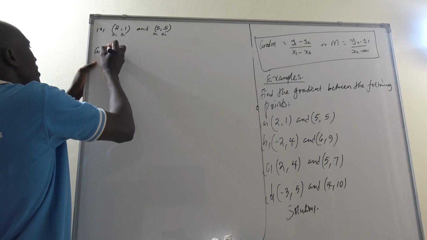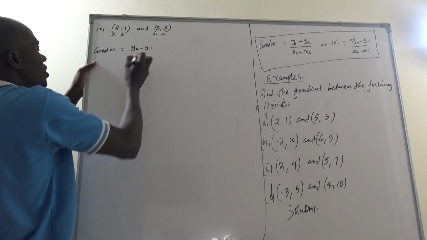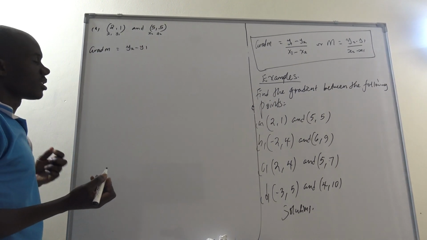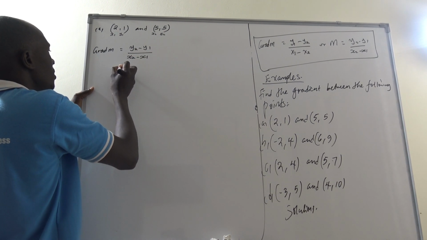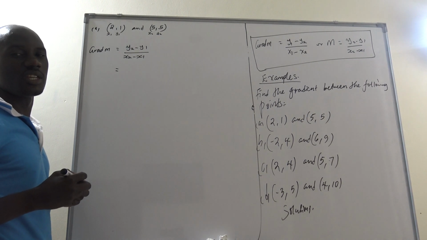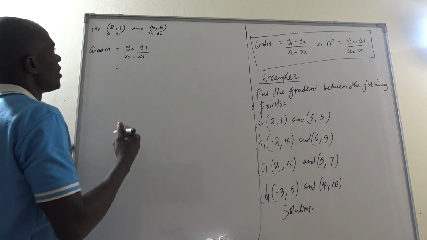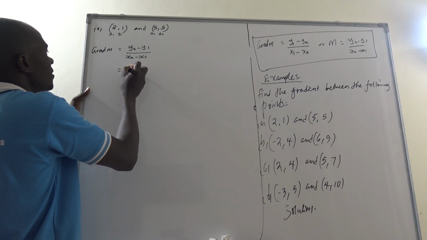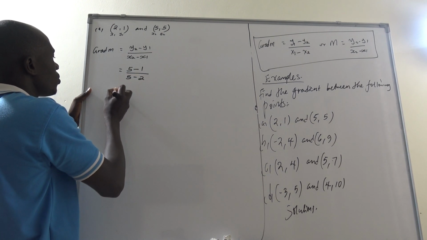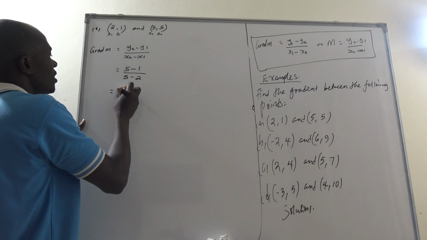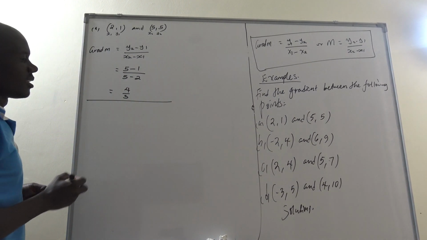So how do we get the gradient m? Gradient m is the same as y2 minus y1, even if you start with y1, you still have no problem, all over x2 minus x1. So never say change in x over change in y. We start with change in y over change in x. So y2 is 5 minus 1 all over 5 minus 2. So we are getting 4 out of 3. This is the gradient for the first part.